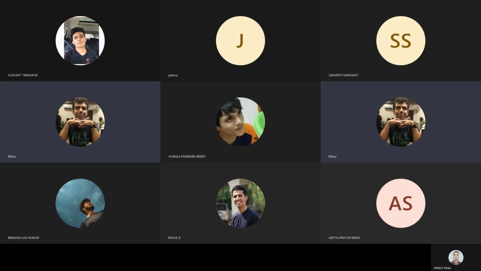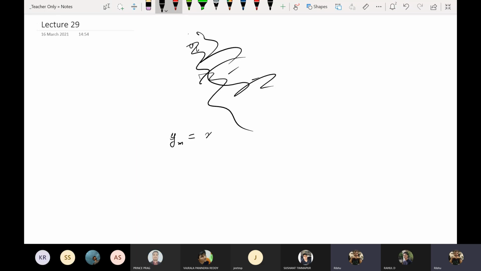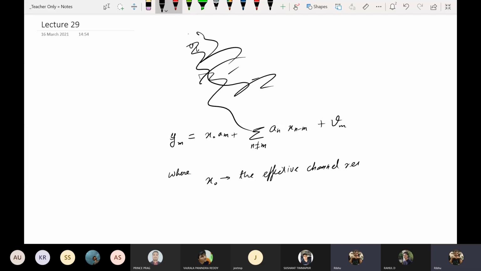Last time what we discussed was that y_m equals x_0 a_m plus the sum over n not equal to m of x_{n-m} a_n, plus noise, right? Where x_0 is the effective channel response at no lag, and x_k is the effective channel response at lag k.